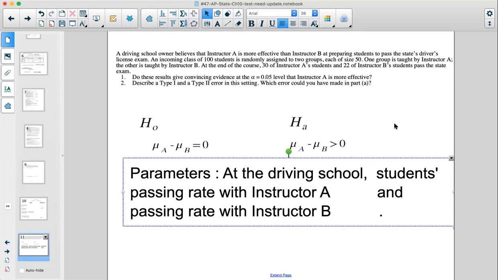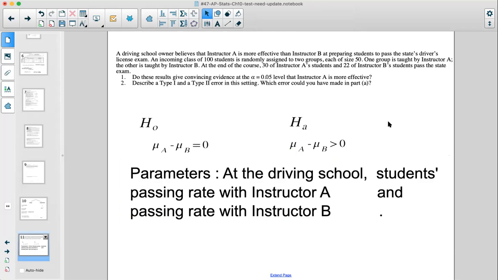So it's actually mean passing rate, but we are trying to get the proportion, right? So I just say rate. So this is sub A, sub B. That's what you have to do when you talk about the parameter.